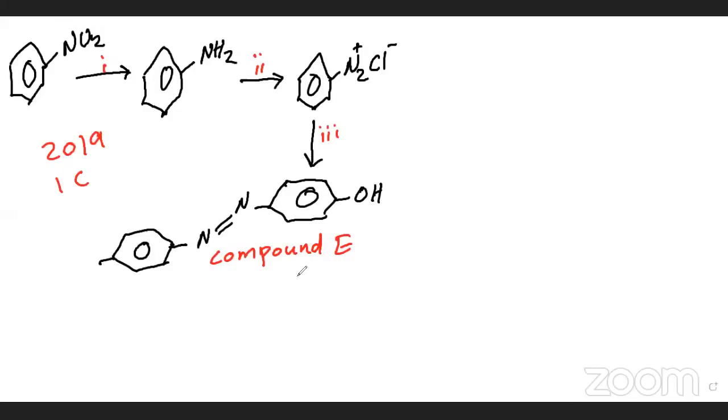All right, so we have our reaction scheme from nitrobenzene going all the way around to compound E. The first thing we need to do is identify reagents.